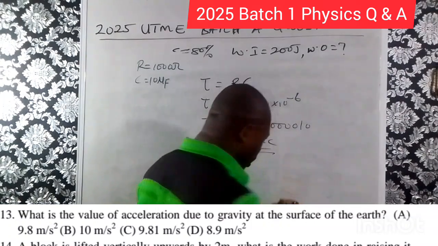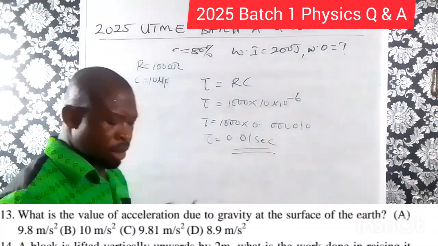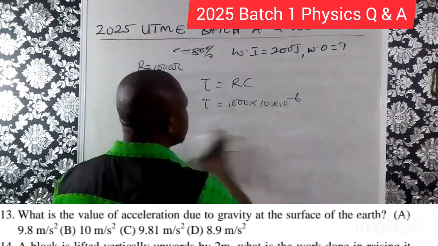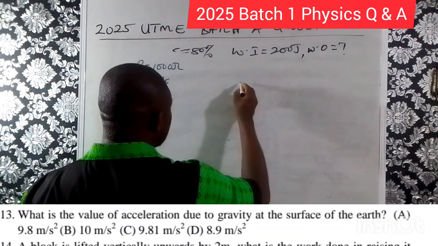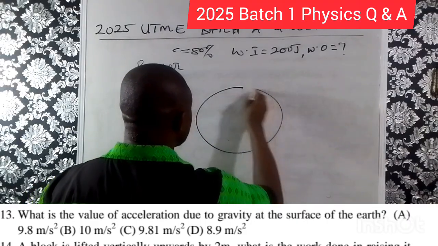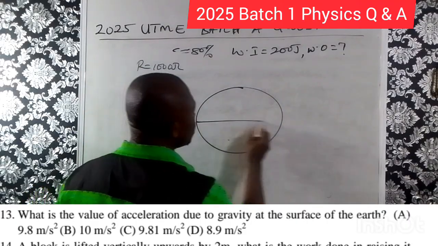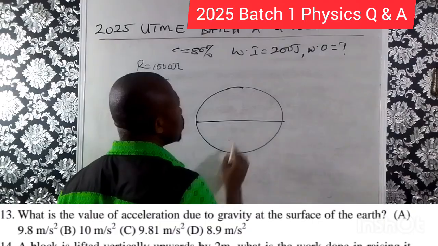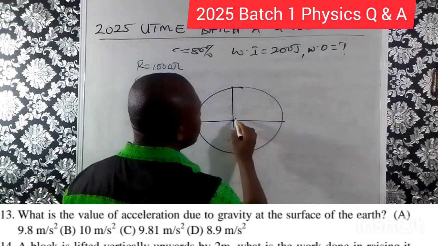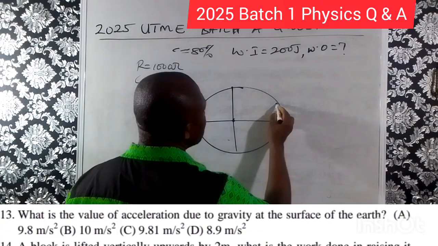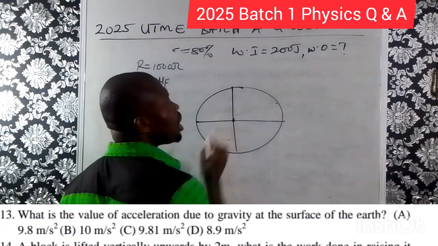If the Earth is represented like this, now this is your equator. The distance from here to here is different from the distance from here to here.